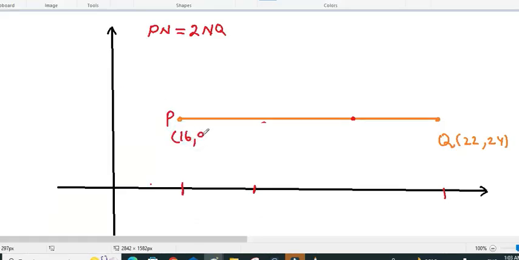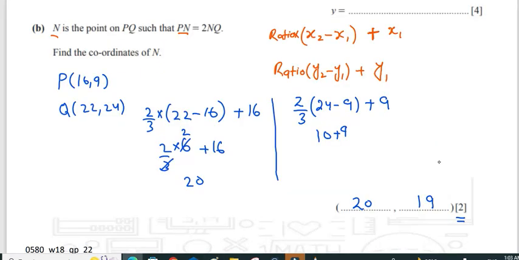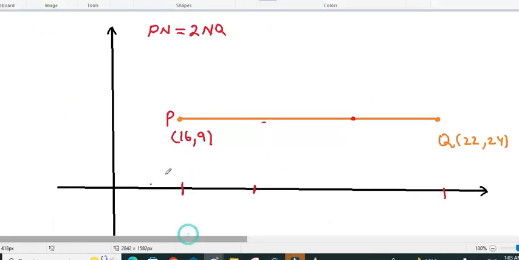And Q has the coordinates 22 and 24, right? Okay, now what this question is trying to say is that N is the point on PQ such that PN is equal to 2 times NQ. From this given condition, it is said that N is a point on this line PQ.